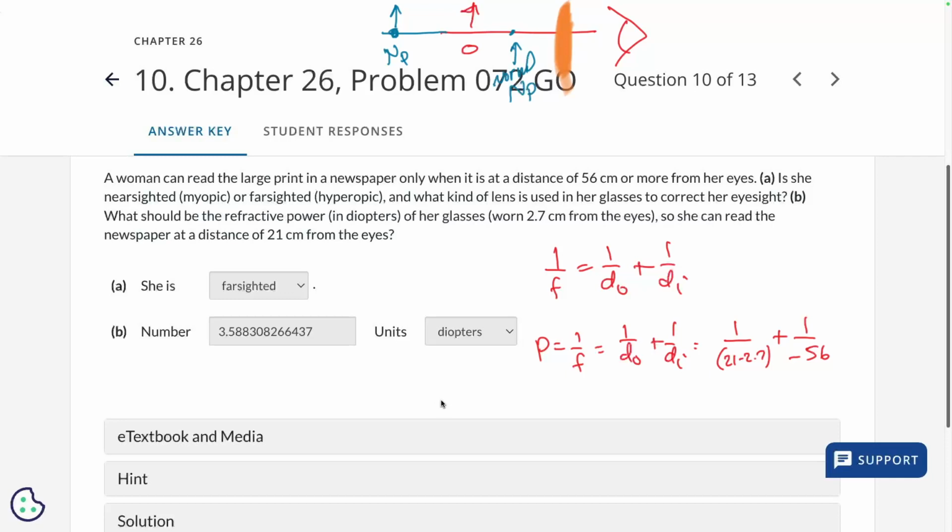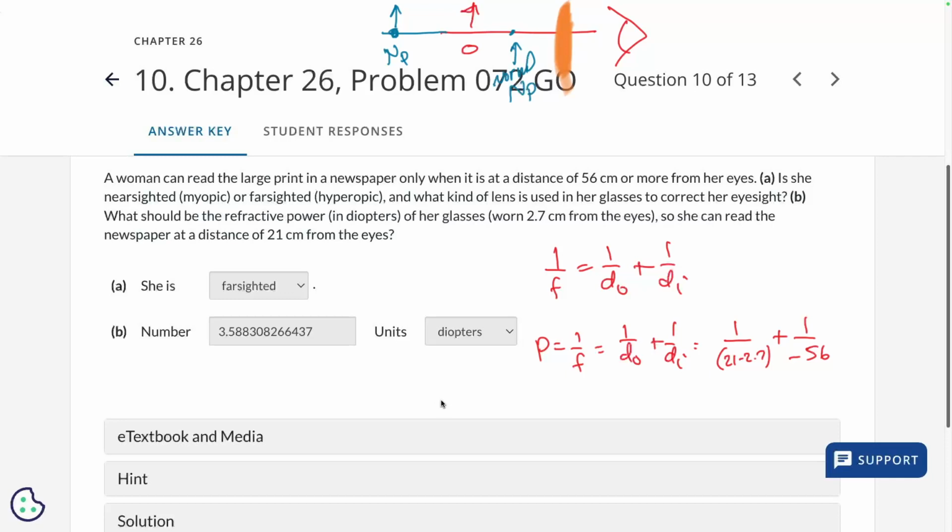Key points: the image is being formed on the same side as the object, so it's going to have a negative image distance for a far-sighted person. Where are you putting the image?